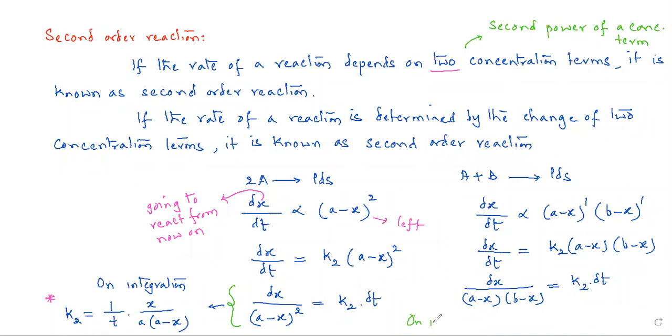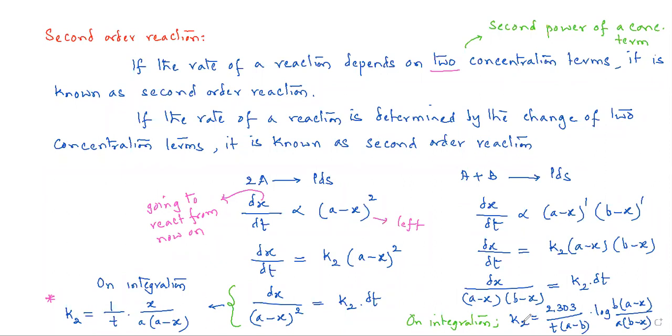Then on integration, we get the final expression for k2. Just check this out. I think you are all very much familiar with the integration. So k2 is 2.303 by T of A minus B into log of B of A minus x by A of B minus x.